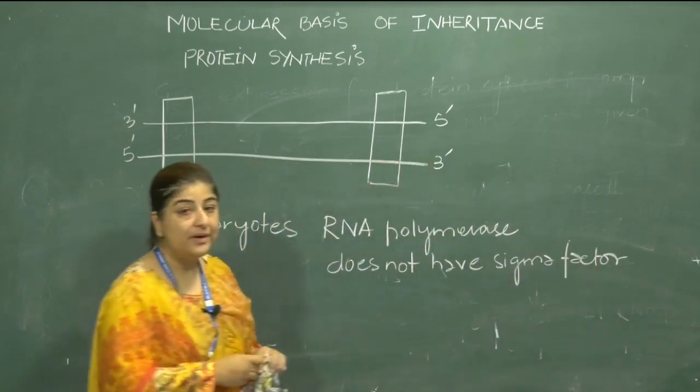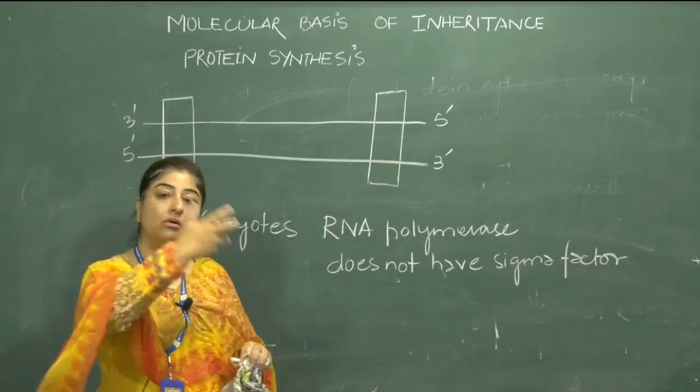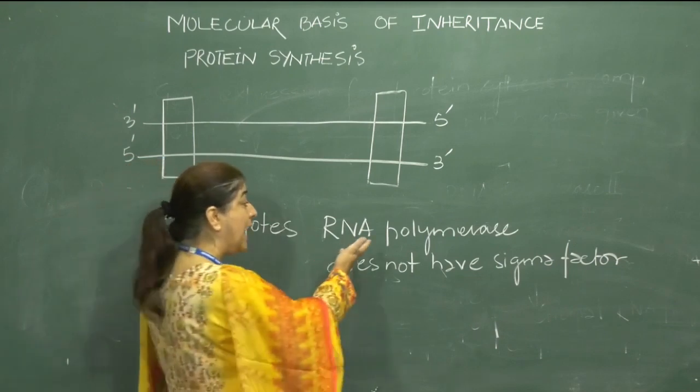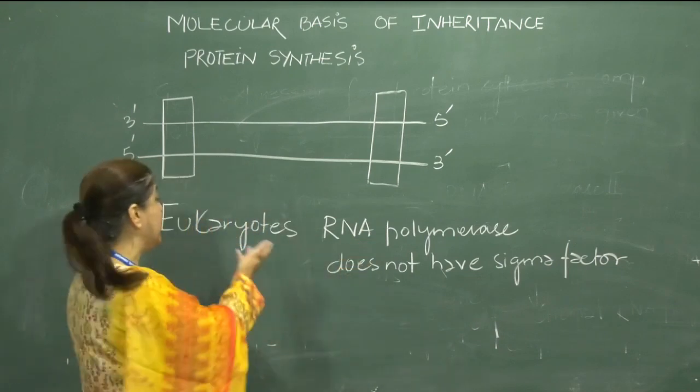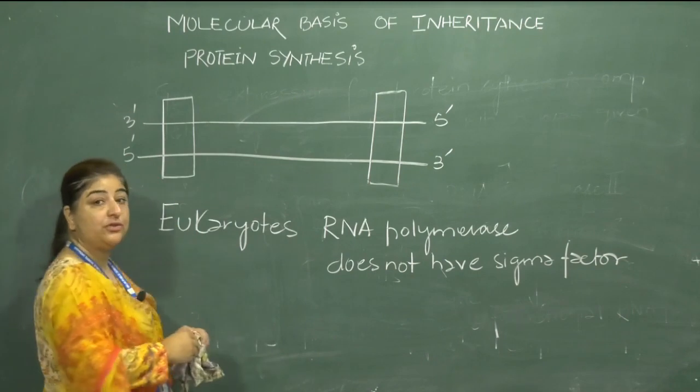So, as you know, core enzyme without sigma factor cannot locate the promoter sequence. So, how does this RNA polymerase in eukaryotes bind to the promoter region?